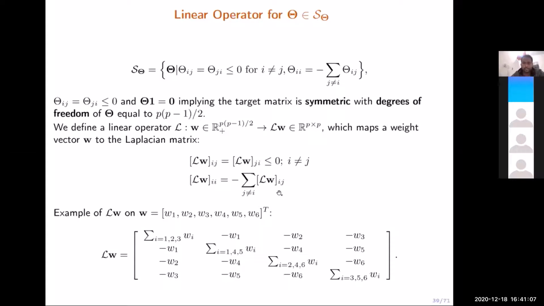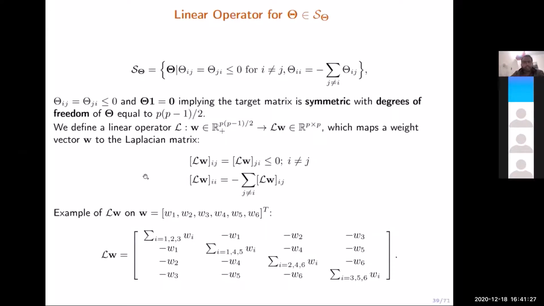For any matrix size n, the transformation is fixed. So we can map the matrix variable to a vector, and instead of forcing these many constraints, by the construction of the Laplacian operator we can just focus on the weight vector, because the Laplacian operator is fixed for all kinds of graphs.